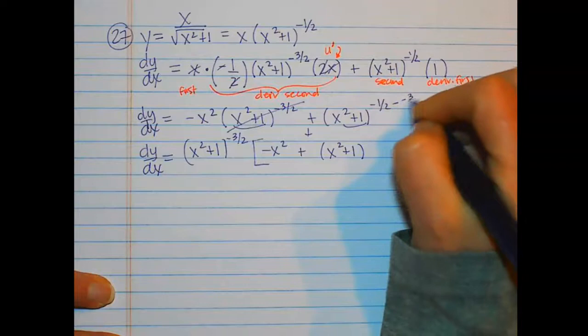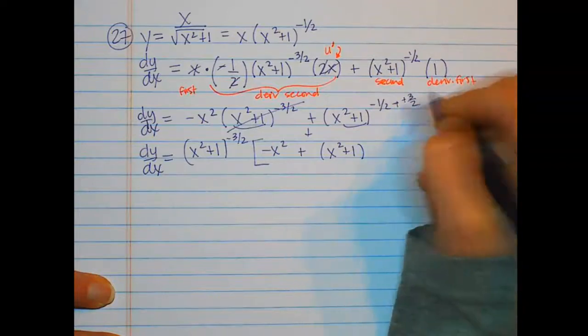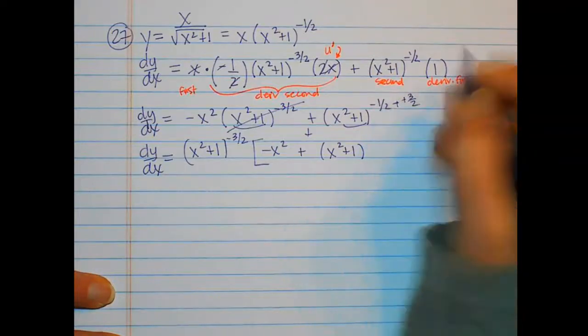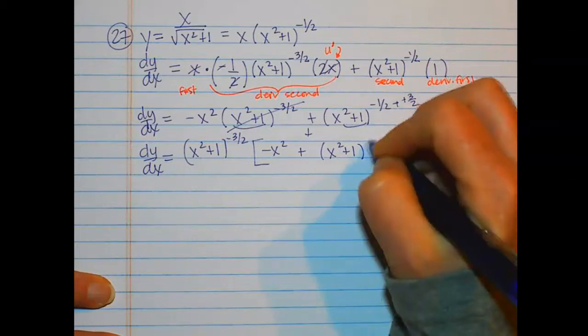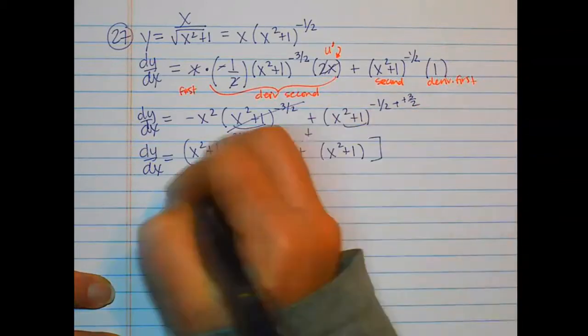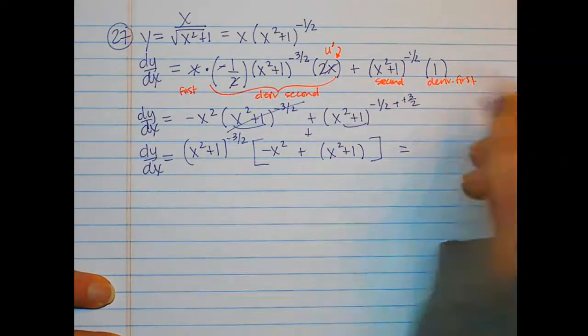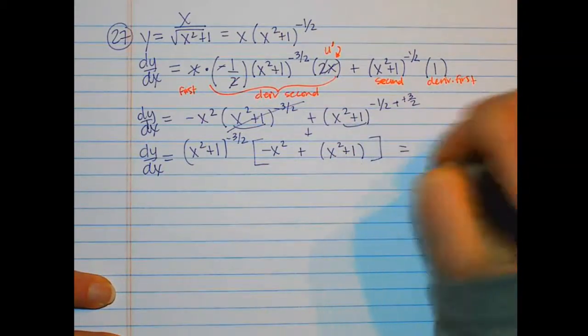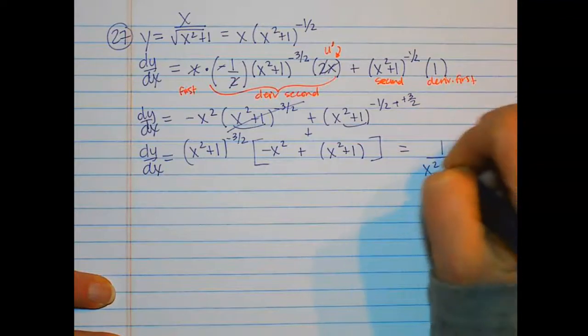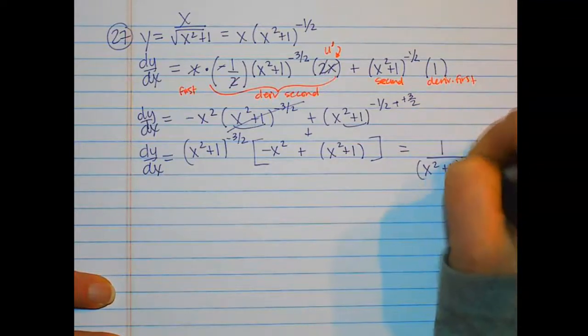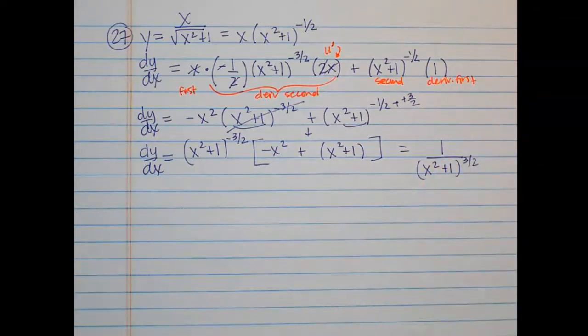So negative 1/2 plus 3/2 is 2 over 2, which is 1. I'm going to leave that off. And so I'm just going to simplify it here. This is equal to, these cancel, and we get 1 over x squared plus 1 to the positive 3/2 when we put it on the bottom. So that's very easy to solve for. And there you go for 27.